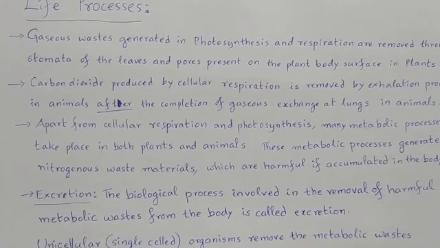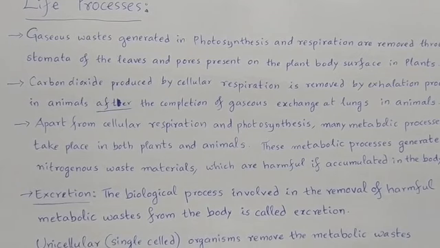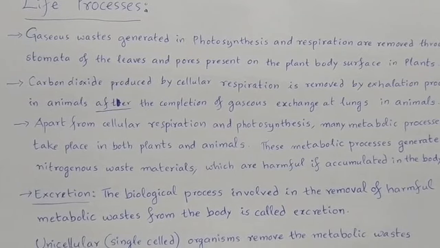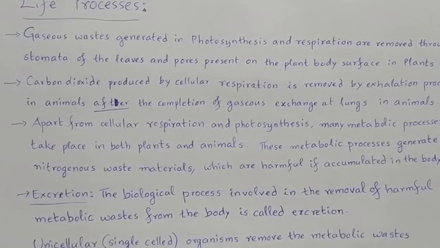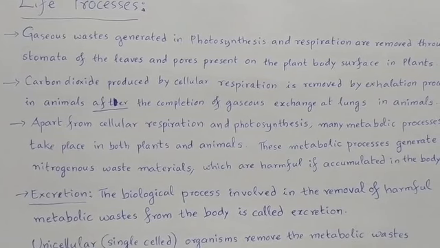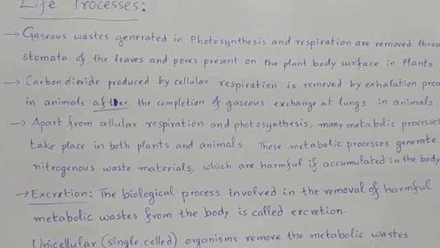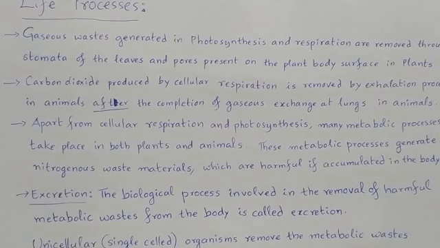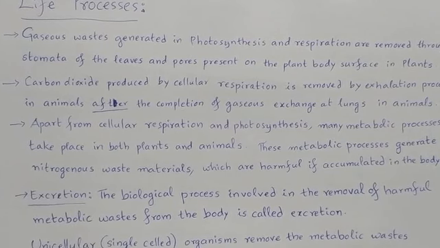Apart from cellular respiration and photosynthesis, many metabolic processes take place in both plants and animals. These metabolic processes generate nitrogenous waste materials, which are harmful if accumulated in the body.